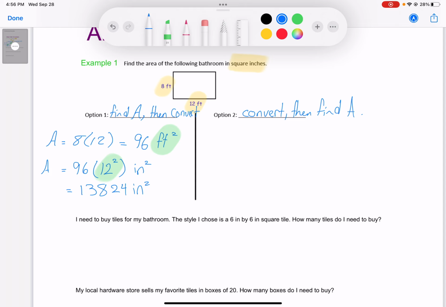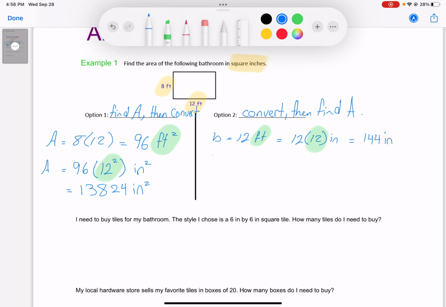Now, second option is to convert the base and the height first. Now, my base is 12 feet, and to convert from feet to inches, we just multiply by 12, not 12 squared, because this time my units are not squared. So I don't need to square my conversion unit. So that's going to give me 144 inches.